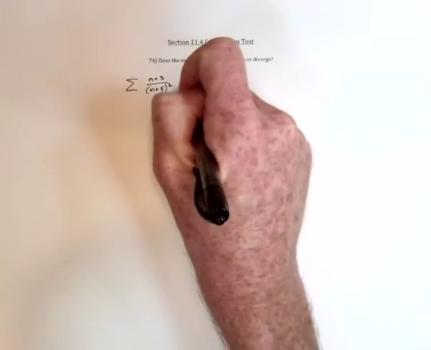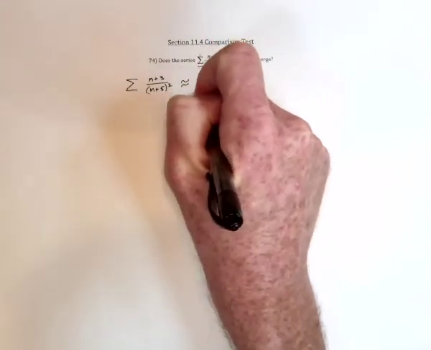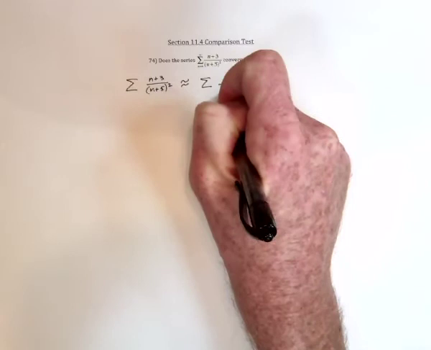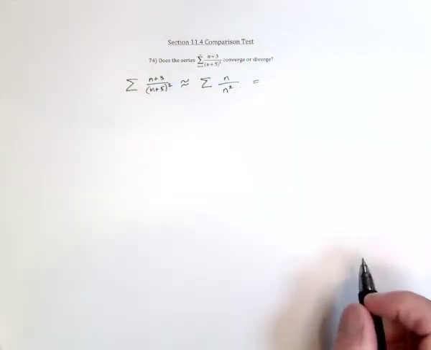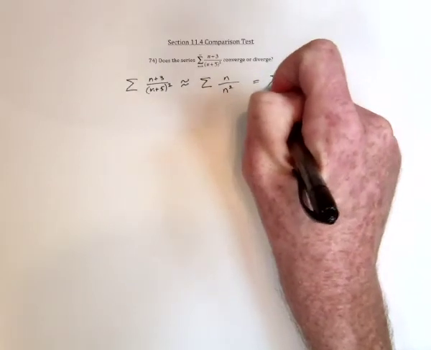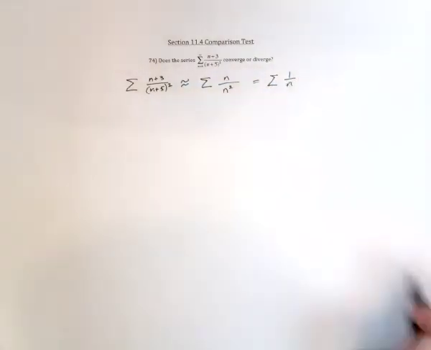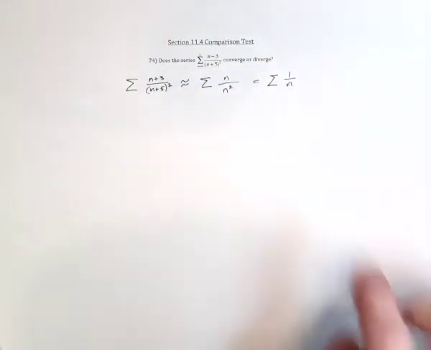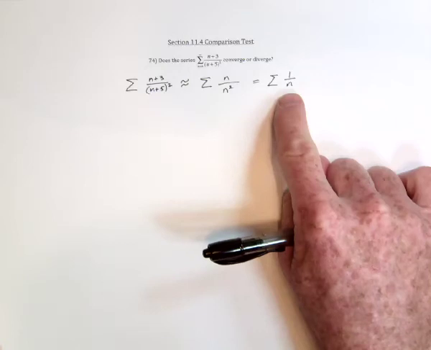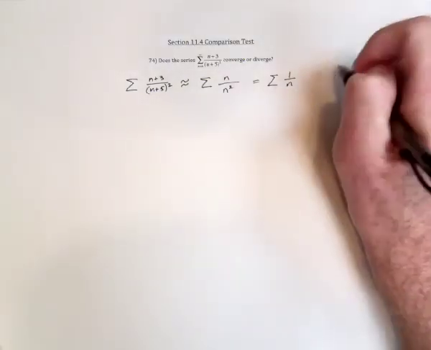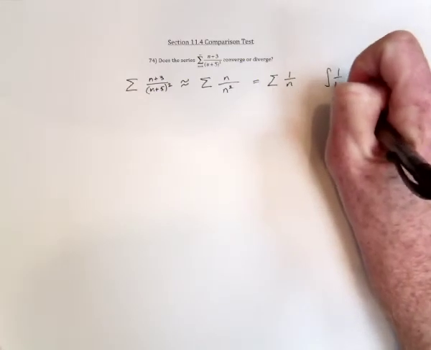So this is approximately the same as having just n on top and just having n squared on bottom instead of the plus 3 and the plus 5, which if you reduce that, that is 1 over n. And then this, very famously, is a divergent series. This adds up to infinity, which you could do quickly with the integral test if you just integrate 1 over n.